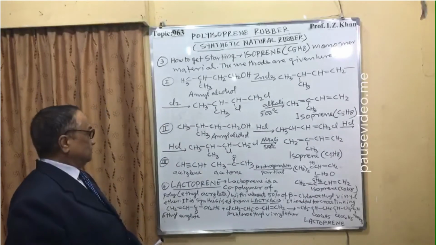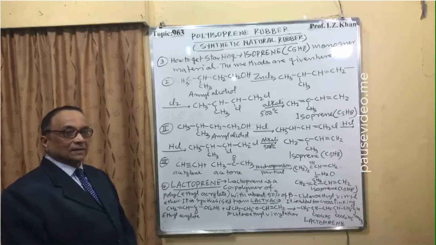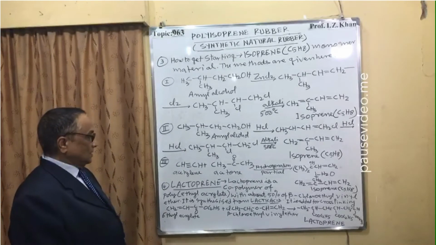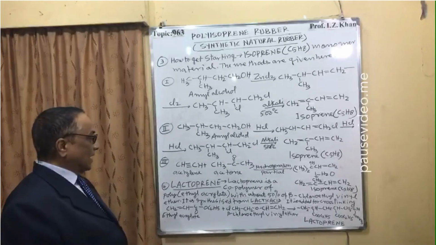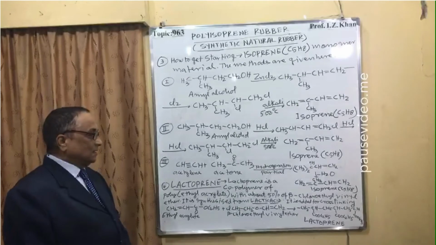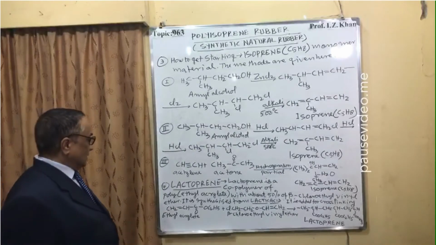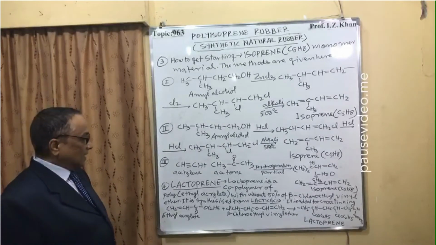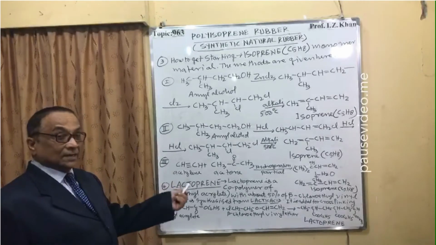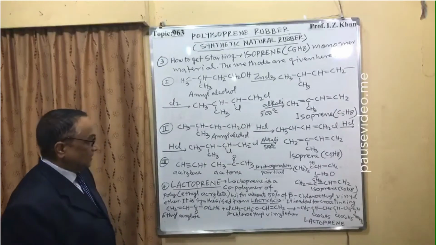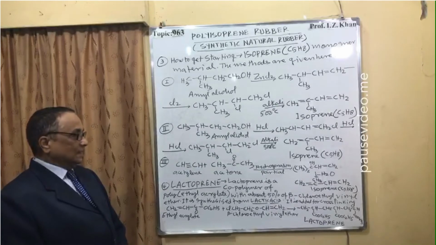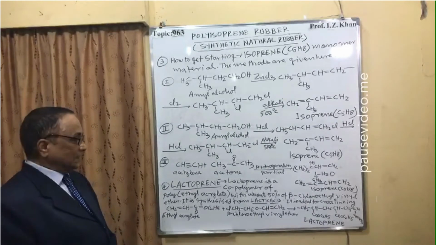And number 4, that is lactoprene. Actually, lactoprene is a copolymer of polyethyl acrylate with about 50% of beta-chloroethyl vinyl ether, and it is synthesized from lactic acid also. From lactic acid we can get this lactoprene, and it is added for cross linking in the rubber, just like vulcanization.